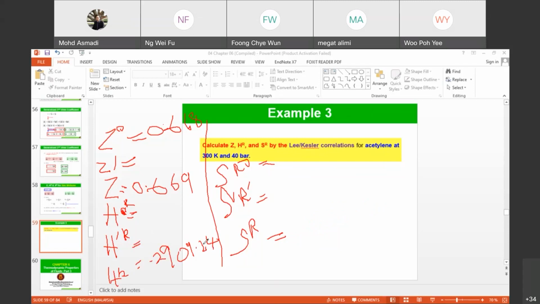Do not forget the unit: this one is joule per mole, right? As well as SR, negative 7.392 joule per mole per Kelvin. Yeah, okay, that's the final answer.